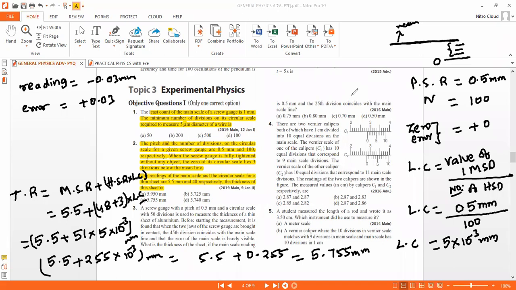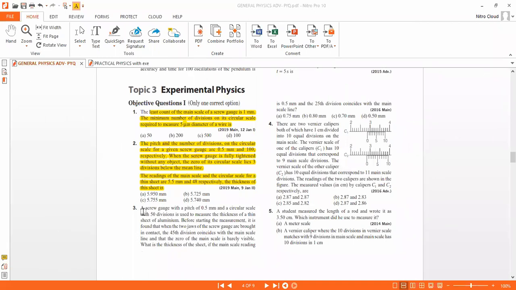Okay, fine. Next question, question number 3. A screw gauge with a pitch of 0.5 mm and circular scale with 50 divisions. That means the value of one main scale division is 0.5 mm.